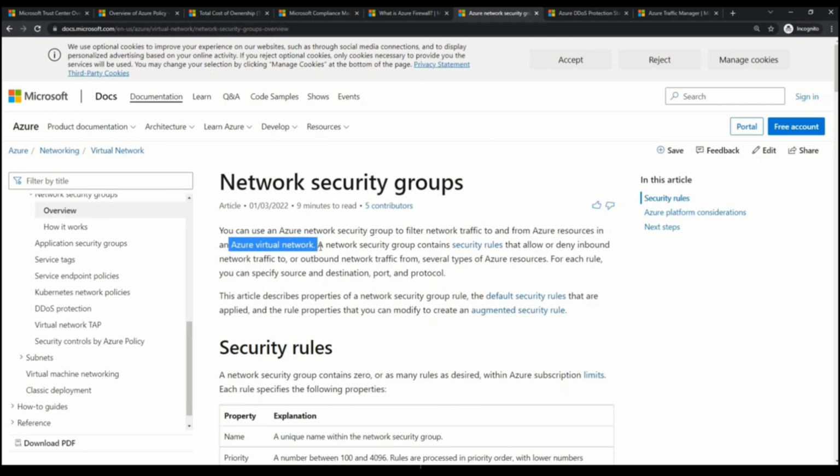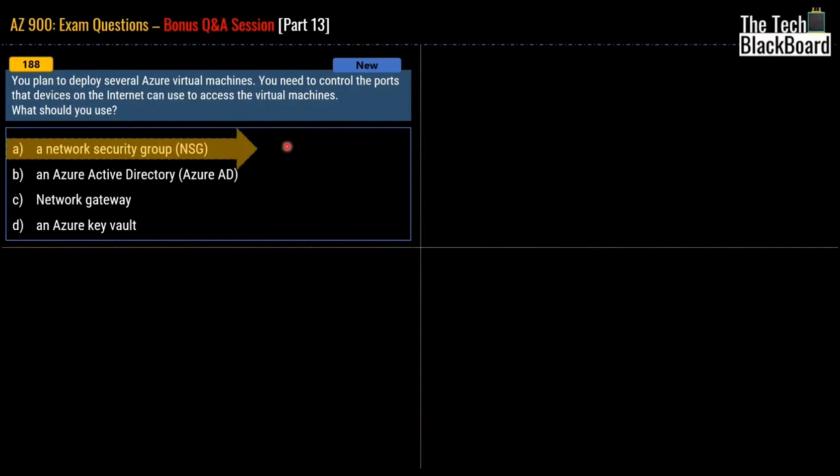It says further that a network security group contains security rules that allow or deny inbound network traffic or outbound network traffic from several types of Azure resources. If you remember, our question talked about the ability to control the ports, and that's exactly what the next line says, that for each rule, you can specify source and destination, port and protocol. And that documentation from Microsoft justifies our answer.